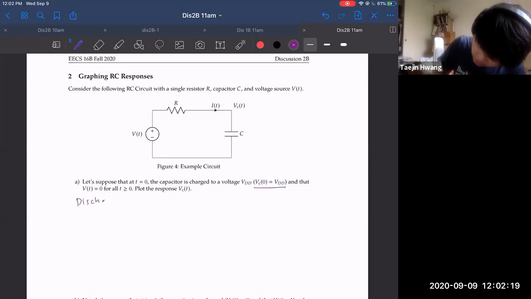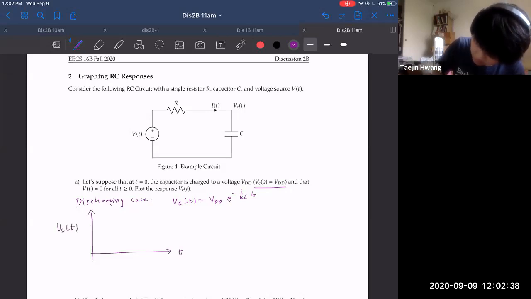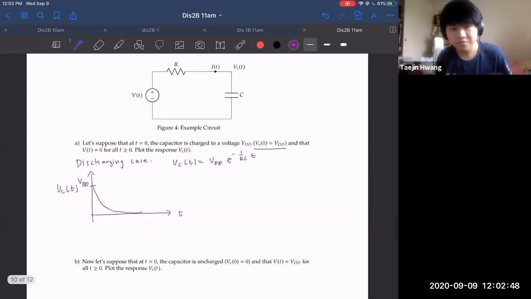So in the discharging case, recall that our solution was equal to VDD e to the minus 1 over RC t. And if you were to plot these on Desmos, you would get a curve that looks like this, that eventually decays to 0 in the limit.